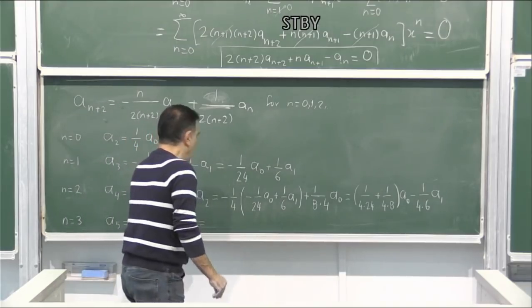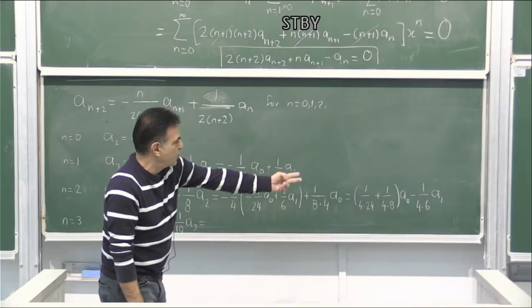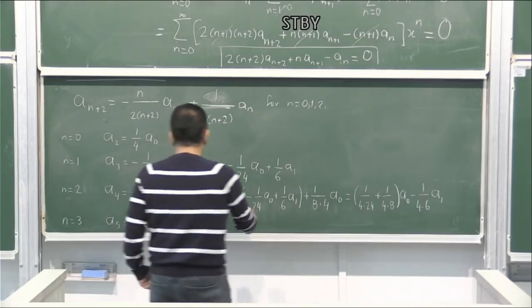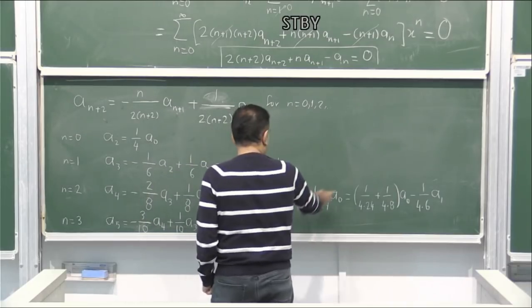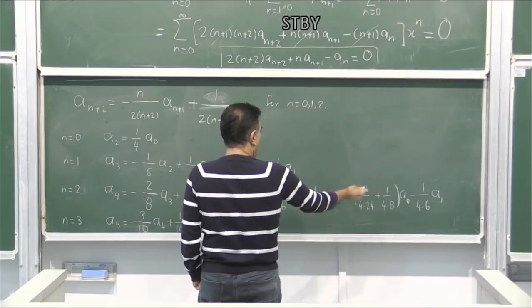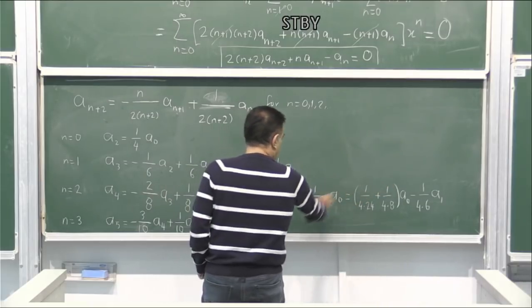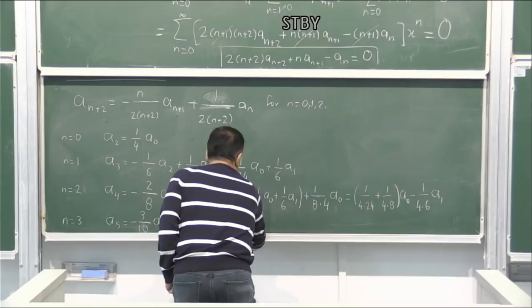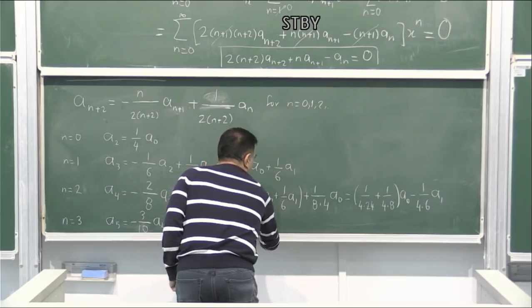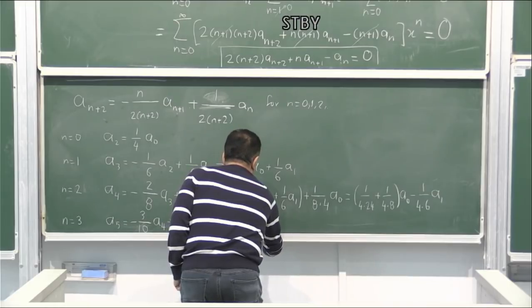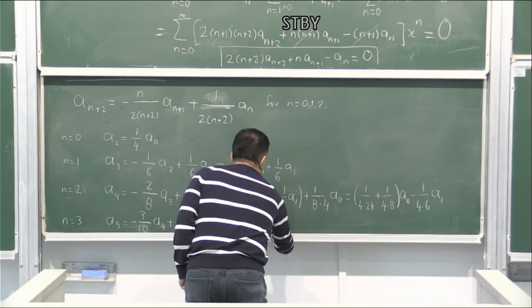But A4 and A3 are both expressible in terms of A0 and A1. Let's write them. Minus 3 over 10 A4, which is that one: 1 over 4 times 24 plus 1 over 4 times 8 A0.